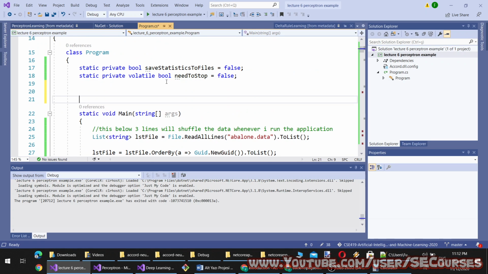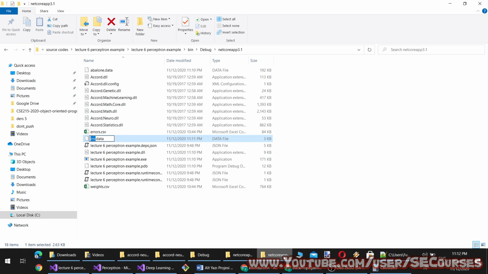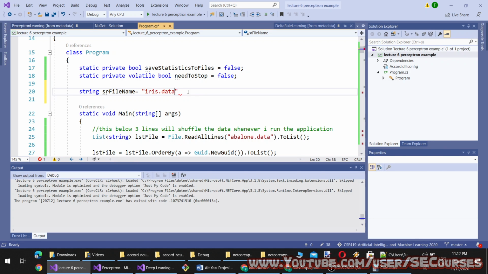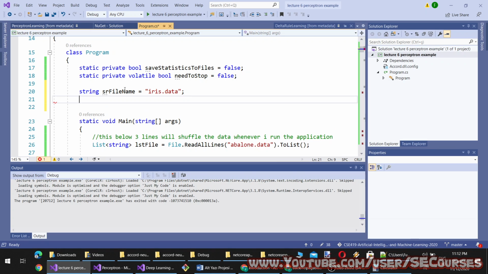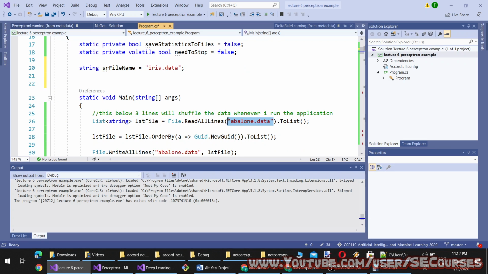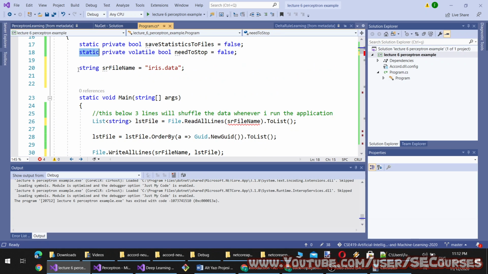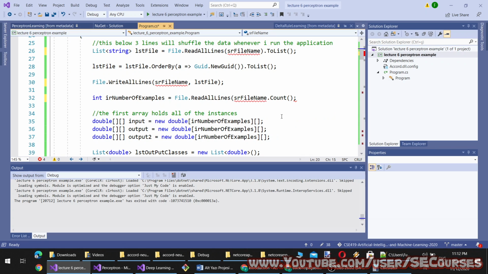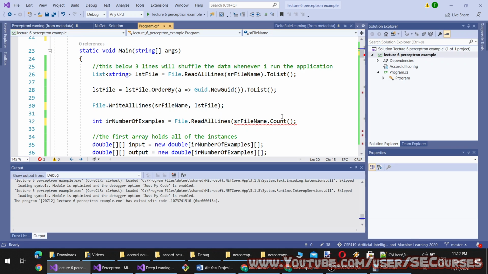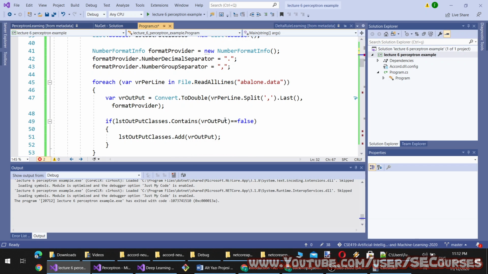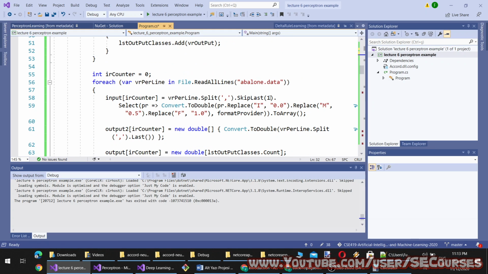To use the iris, also, okay. Then I need to set the number of skip step here.